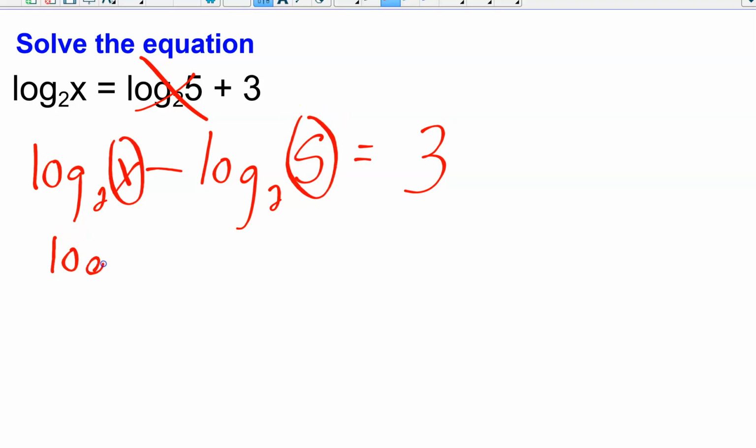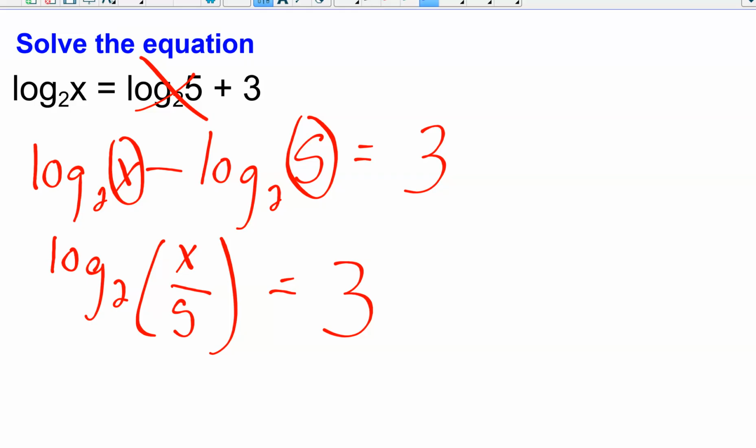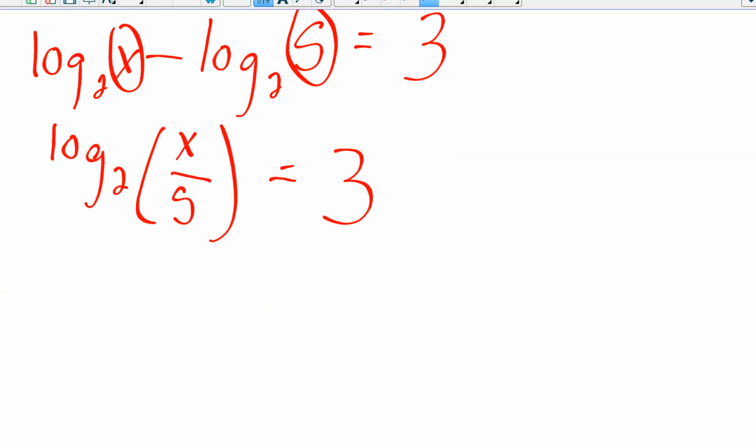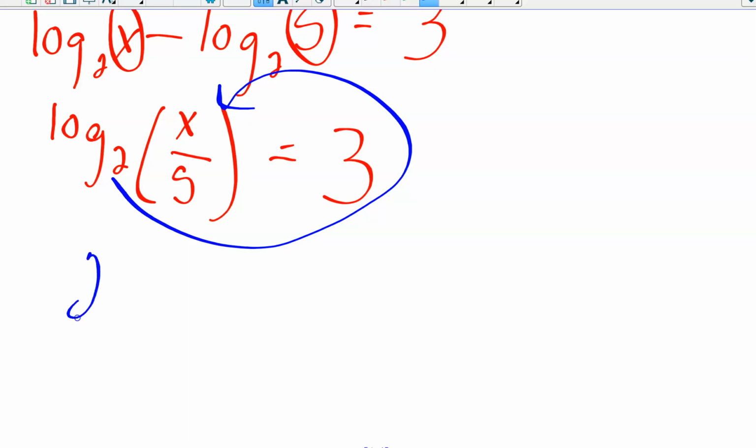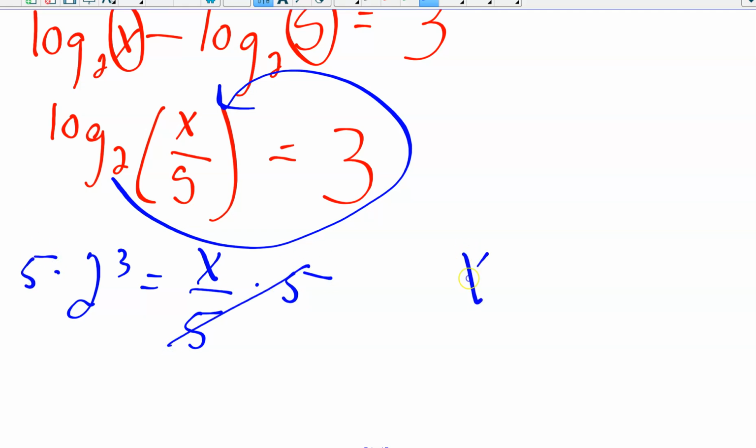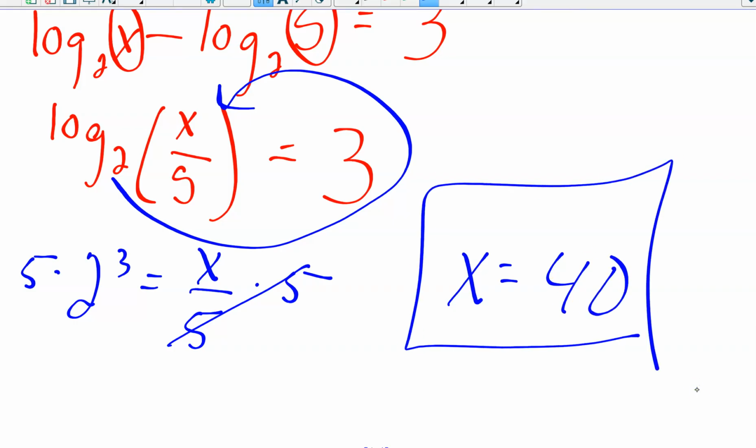So I'd have the log base 2 of x over 5 equals 3. And then the only way to get the x and the log separated, I know I said this a lot, but I want to make sure you're getting this, is to go exponential. So it'd be 2 to the 3 equals that. And then I'm going to multiply by 5 on both sides. And then x is going to end up being 40. There you have it.